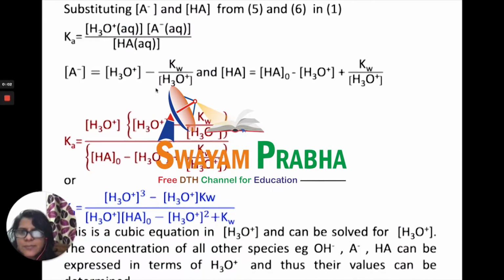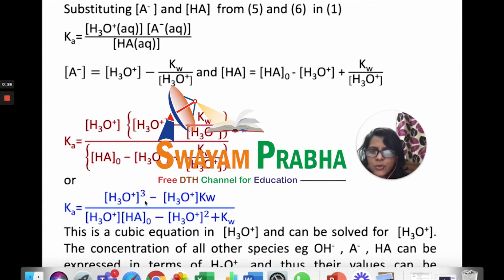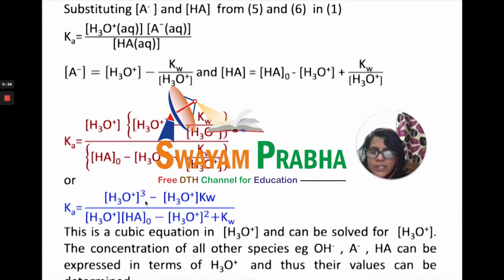Now that we have the expressions for A minus and HA, we substitute them into the expression for Ka, which is H3O plus into A minus upon HA. When you substitute these values, you get a cubic equation in H3O plus, which can be solved to give you the exact concentration of H3O plus. And because the concentration of the other species can be expressed in terms of H3O plus, their concentration can also be determined.